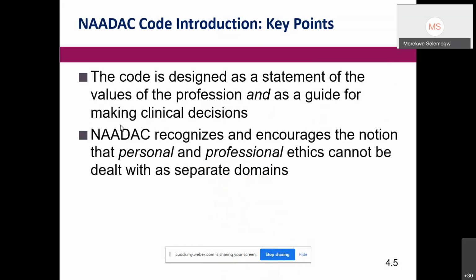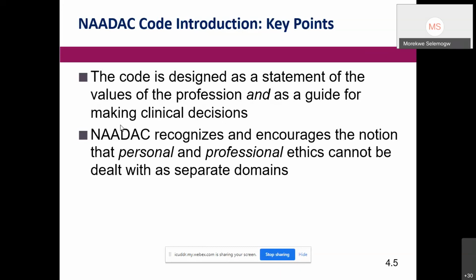The other key point is that the code itself is designed as a statement of the values of the profession and is a guide for making clinical decisions. Yesterday, when we were discussing, I know Beatrice took us in terms of discussing the definition of code of ethics. There was a clear definition from White and Popovit that they have to be very explicit. The same is true with the code for NAADAC.